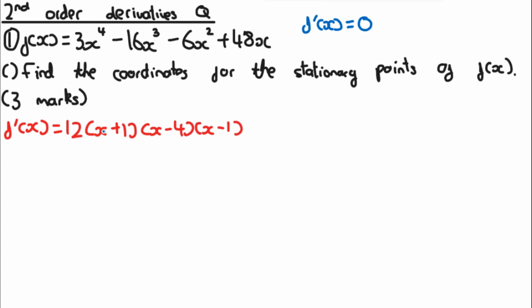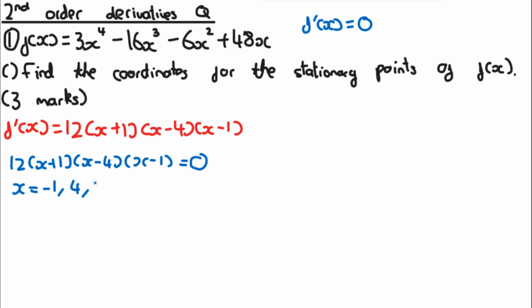So this is going to be when this whole thing here, 12x(x + 1)(x - 4)(x - 1), is equal to 0, and therefore each of the brackets is going to equal 0, so therefore x is going to equal -1, 4, and then 1. And then what we can just do is sub these into here in order to get the y coordinates for the stationary points.